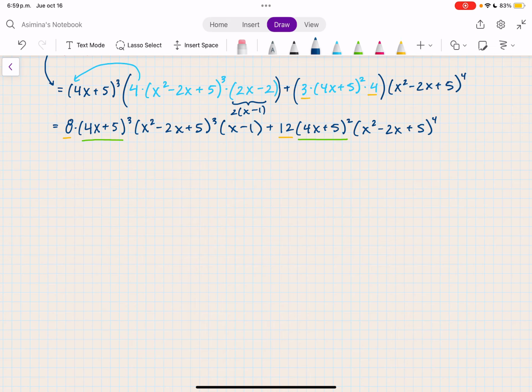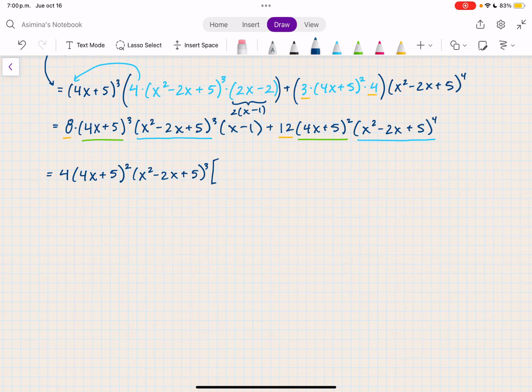So maybe I should keep track of everything we're factoring out. We can factor out 4, (4x + 5) squared. And then lastly, we have (x squared minus 2x + 5) to the third and (x squared minus 2x + 5) to the fourth. So we can factor out an (x squared minus 2x + 5) to the third.